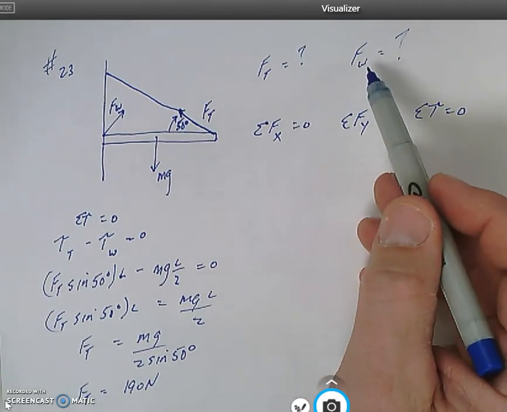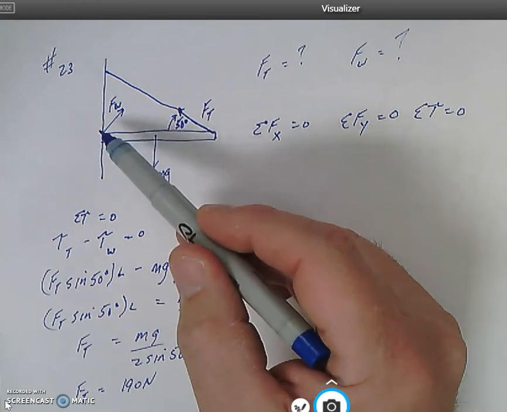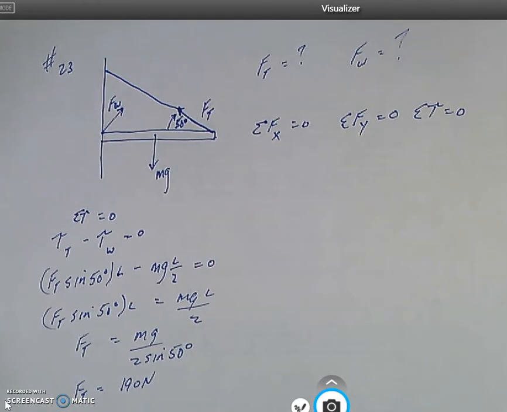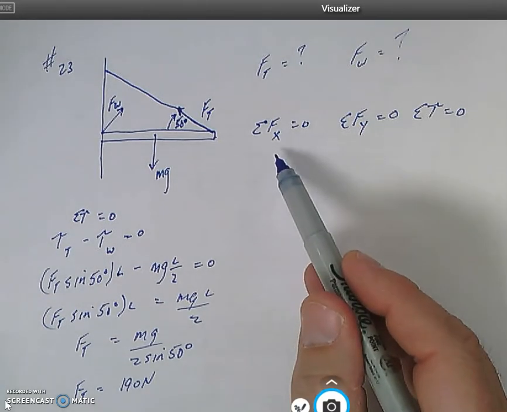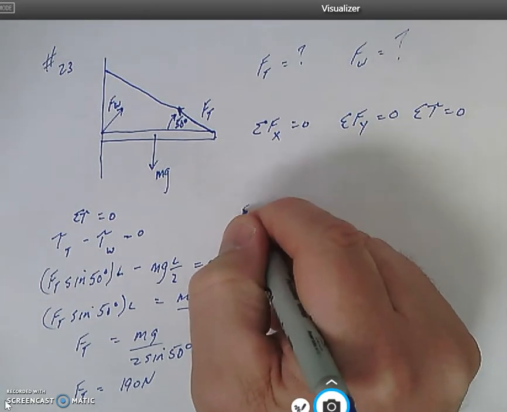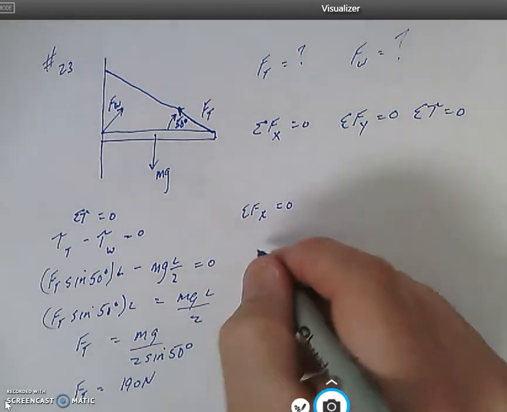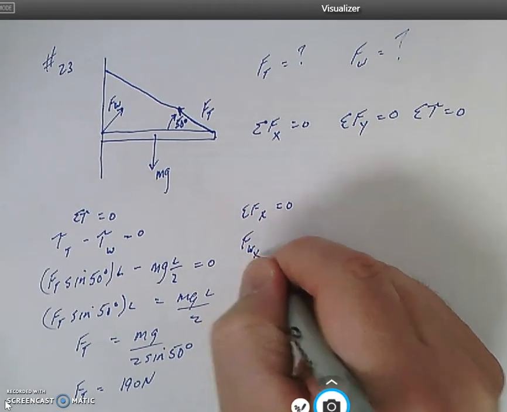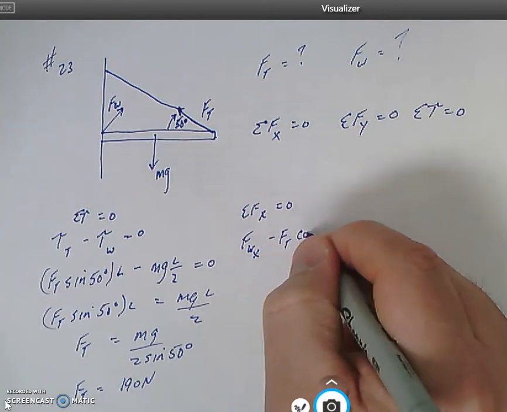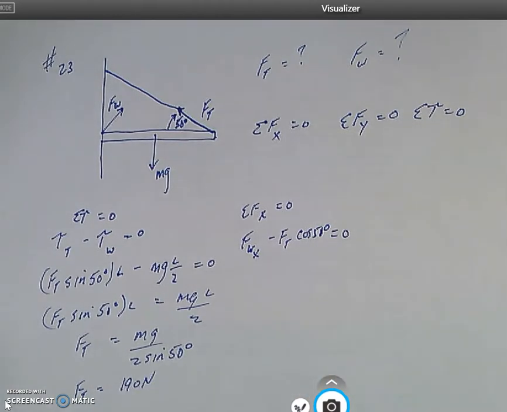Now, to get this wall force, we're going to have to get its x component and its y component, and then put those things together. To get its x component, we're going to use the sum of the forces in the x, and for its y component, the sum of the forces in the y. So the sum of the forces in the x is equal to 0. We've got the wall's x force minus Ft times the cosine of 50 degrees, because that's the x component, equal to 0.